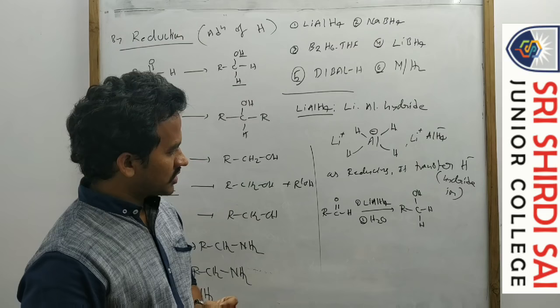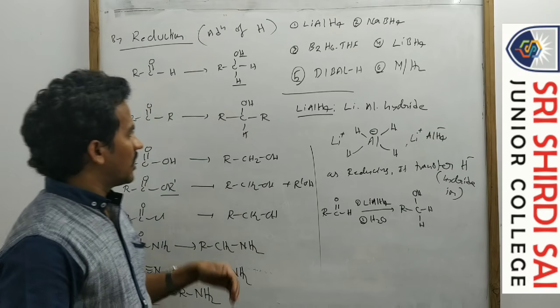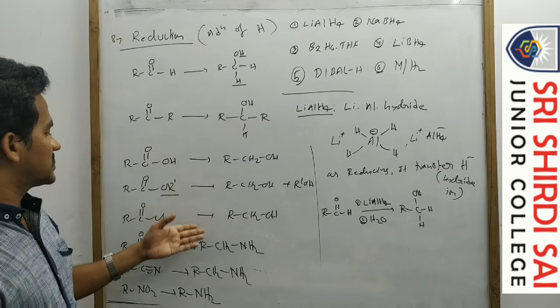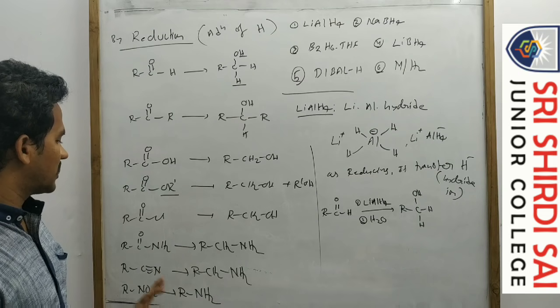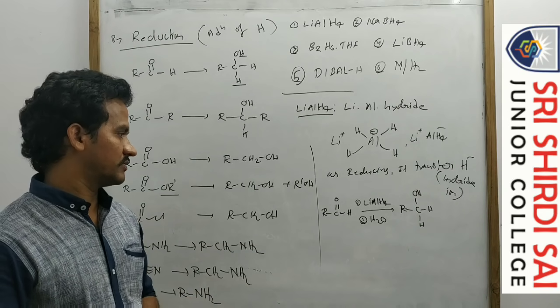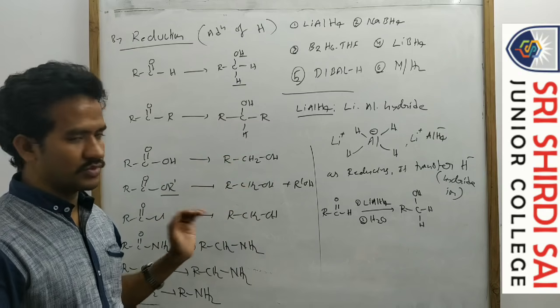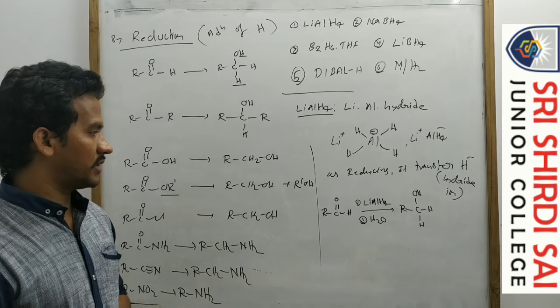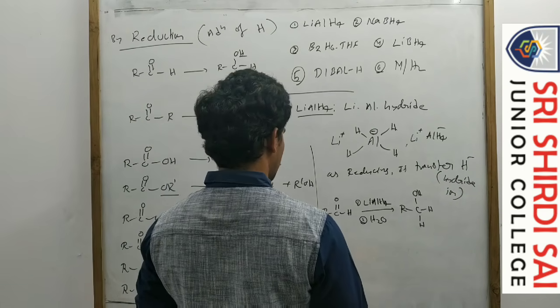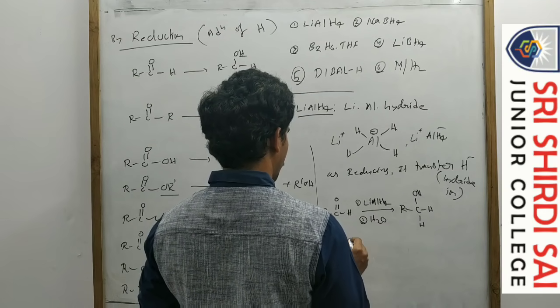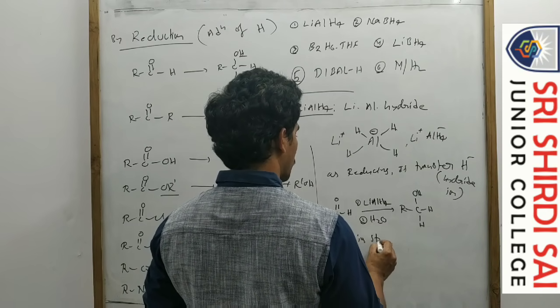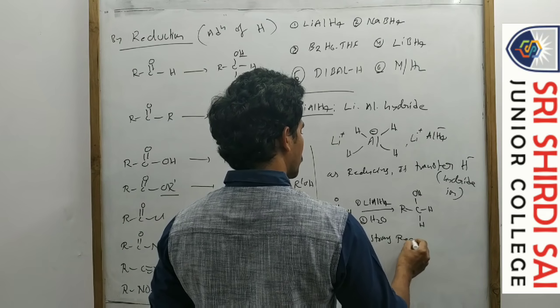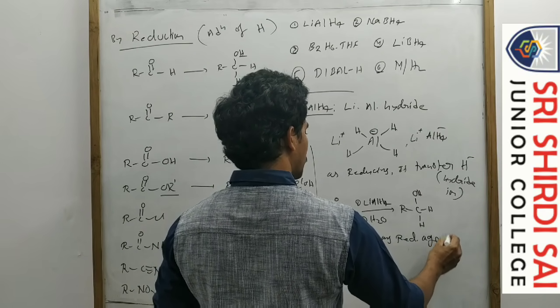Now here, all ketones, acids, esters, acid halides, amides, cyanides, and nitro compounds are reduced with lithium aluminum hydride. This lithium aluminum hydride is a strong reducing agent.